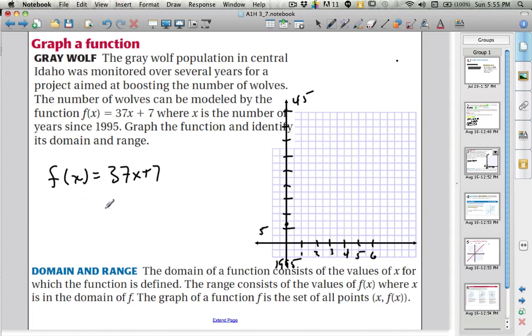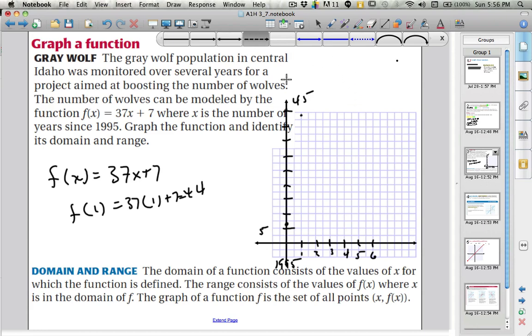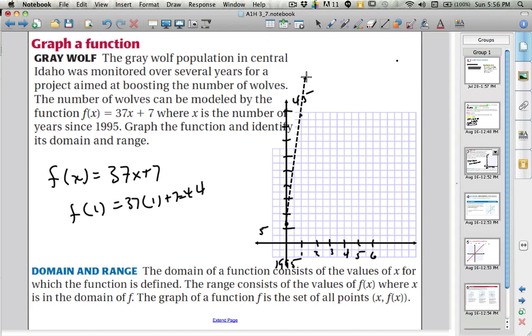When x is 1, f of 1 would be 37 times 1 plus 7, which is 44. So 5, 10, 15, 20, 44 is right below that. Right here, this is what the graph looks like. And you see it got really big really quick. I may have wanted to go back and adjust my scale again to make this a little easier, but you get the idea, and I don't need to go back and do that.